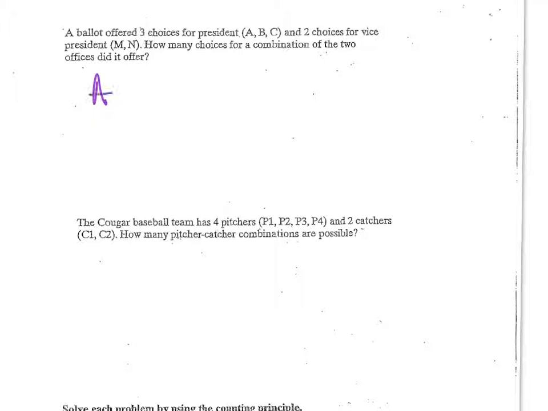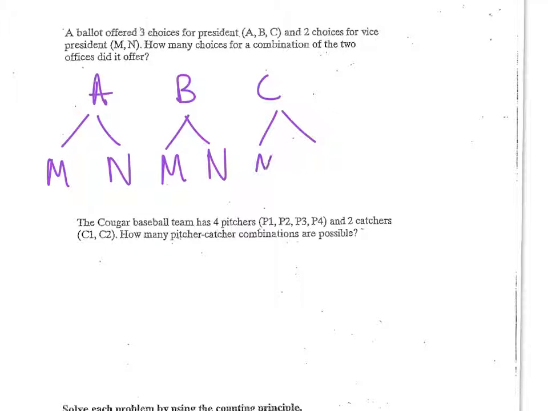So if we did the tree diagram, we'd have A, B, and C, and then 2 choices for vice president would be M and N. So you draw that for each. Oops, I'm sorry, that should be an N. And to find the total combinations, we would count them. 1, 2, 3, 4, 5, 6. So there are 6 combinations.